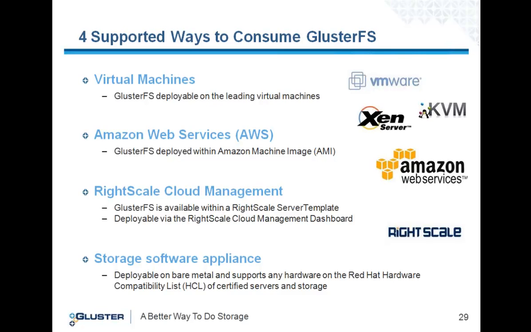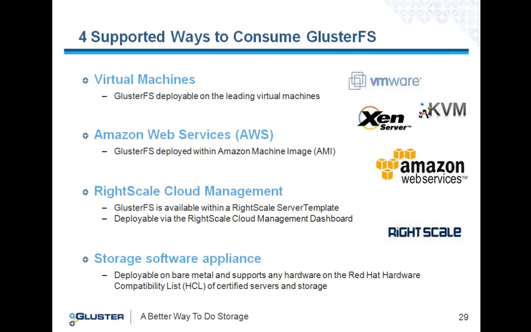RightScale is a third element where you can purchase Gluster through RightScale directly, and they will deploy it through their cloud management software, dashboard software, and it will be automatically deployed within Amazon Web Services and EC2 instances via the RightScale management dashboard.